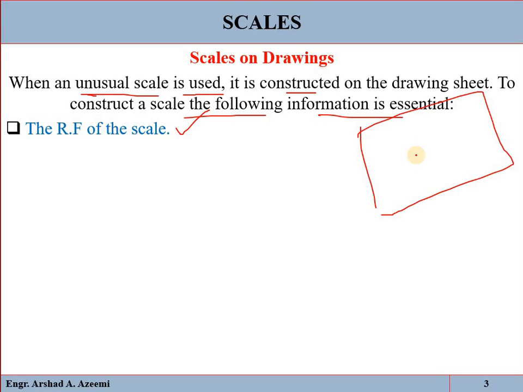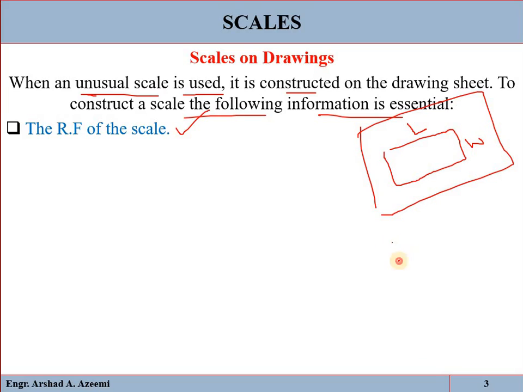And remember, each and every dimension will be reduced or enlarged by an equal proportion. Suppose you are drawing a rectangle, which has two dimensions, length and width.